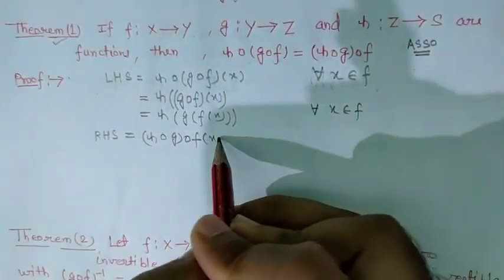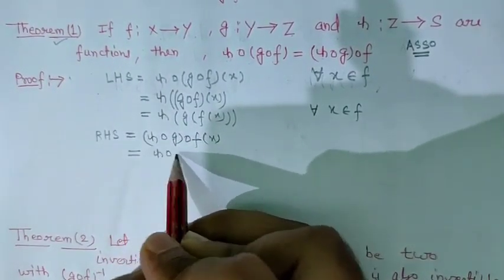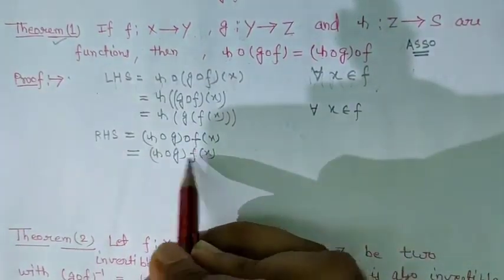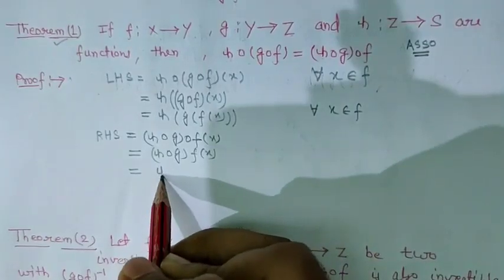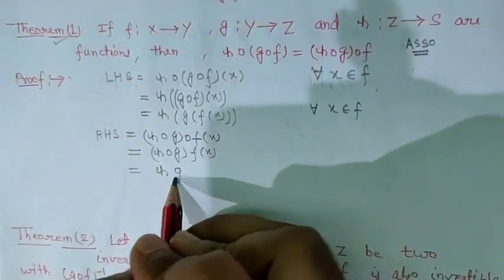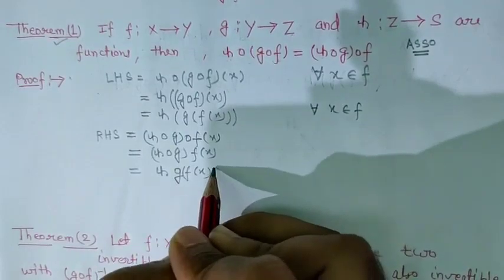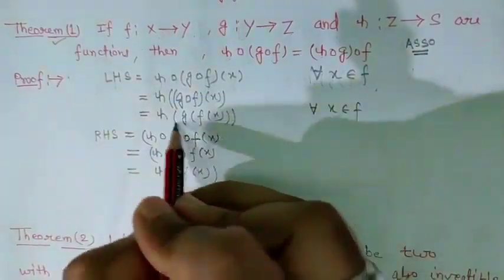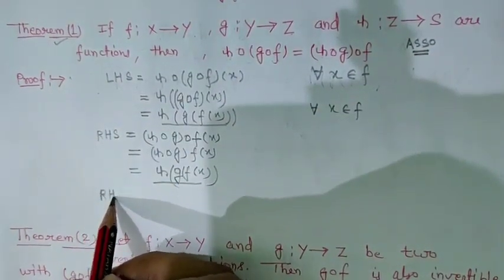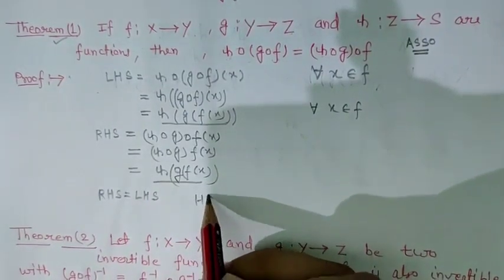Here we will take hog(f(x)) first, and then h(g(f(x))), like this. You can see that this part and this part are the same, so RHS is equal to LHS, hence proved.